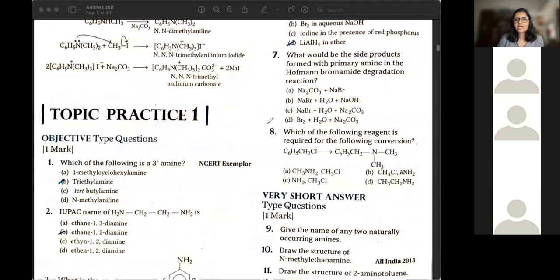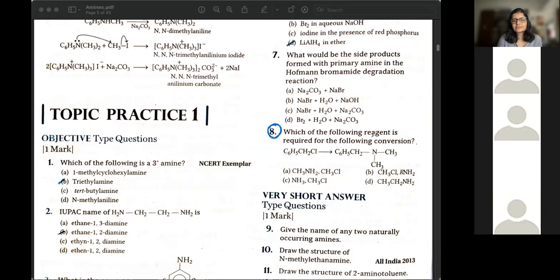Send the option number on chat. I want an answer from all 4 of you. Question number 8. Which of the following reagents is required for this conversion? So you're starting off with a benzene ring with CH2Cl, an alkyl halide. You're converting that into a tertiary amine. So what will you use for this? Send the option number.